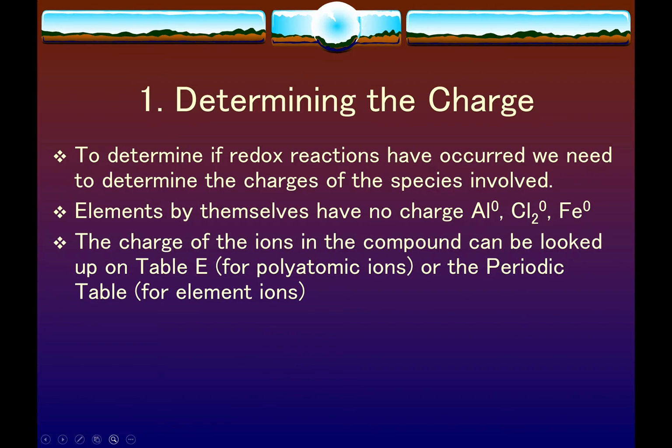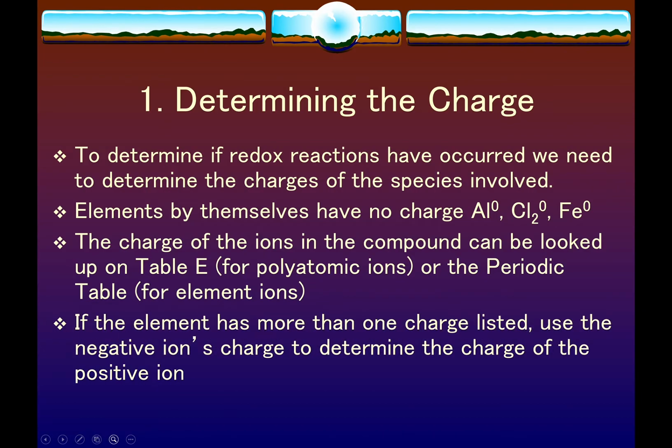We can look up these values on table E if we're dealing with polyatomic ions, or on the periodic table if we're dealing with just regular element ions. If the element has more than one charge listed under its list of oxidation numbers, we're going to use the other ion's charge, or the negative ion's charge, to determine the charge of the positive ion.